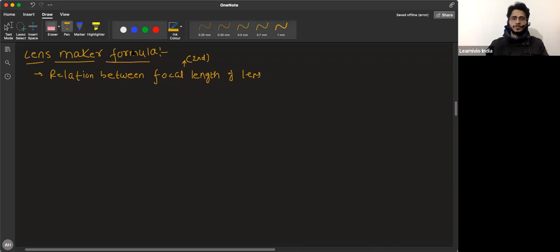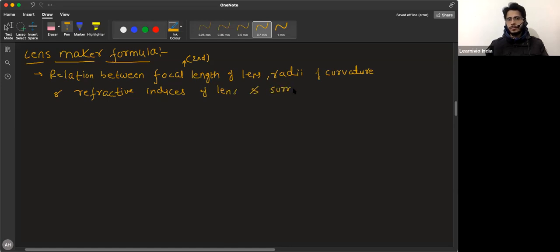So it's a relation between the focal length of the lens, the radii of curvature of both the surfaces, and the refractive indices of lens and surrounding. That's the lens maker formula.